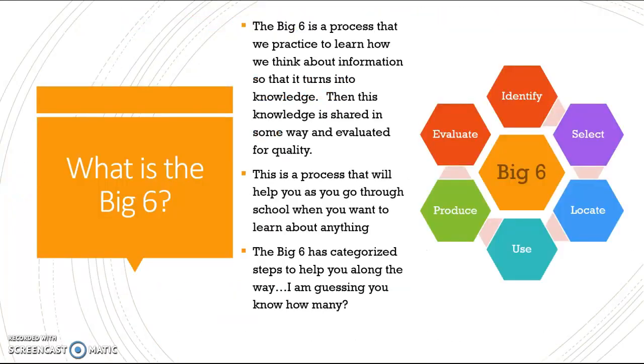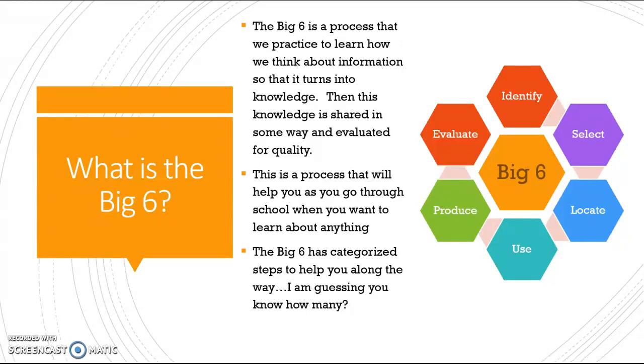So the Big Six is a process that we practice to learn. It's a thinking process, so the information that we find turns into knowledge, something that we can use later on. Information that we don't remember or use or apply in any way doesn't automatically turn into knowledge.